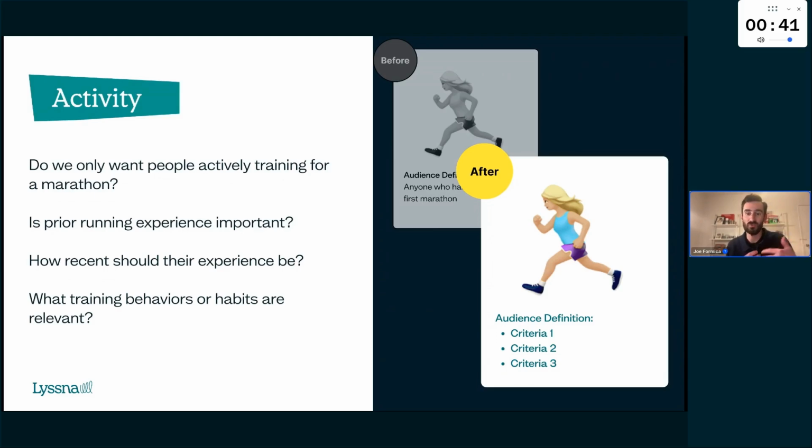If someone had a running coach or a team that they ran with, would that include or exclude them from our participant pool? These are all just some questions to get you thinking, and there is certainly not one right answer to this, but the goal here is for you guys to make it a little bit more specific than anyone who's ever trained for their first marathon.